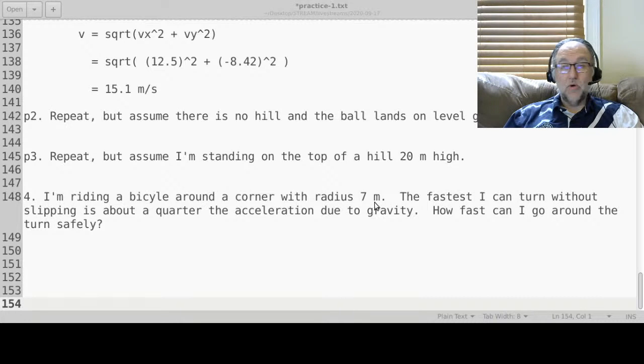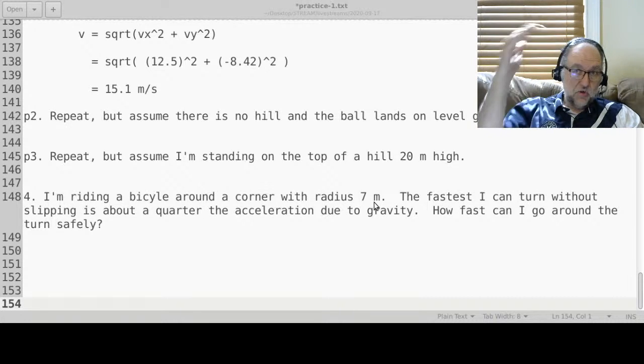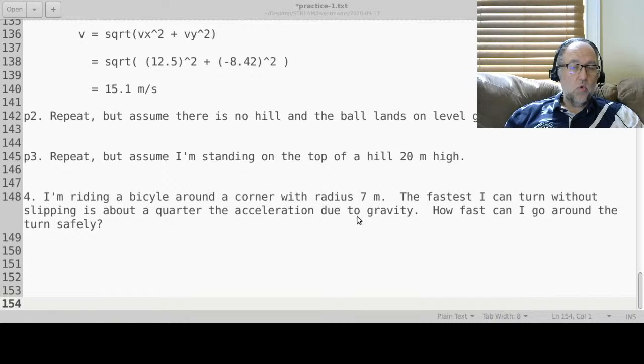I'm riding a bicycle around a corner. A corner is kind of a circle, even if it's not a full circle. It's like, say, a quarter of a circle, and the corner has a radius of 7 meters. It's like 20 feet, about 21 feet, which sounds about right for the radius of a corner. The fastest I can go without slipping, and I don't want to kill myself on the bike, is about a quarter of the acceleration due to gravity.